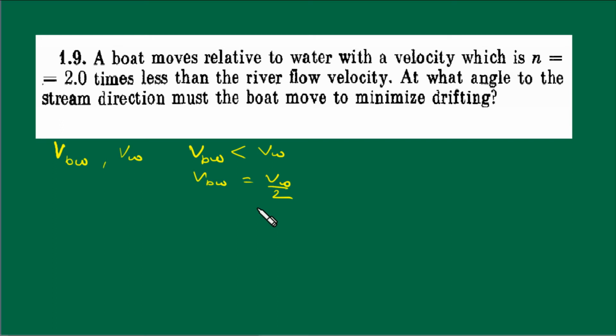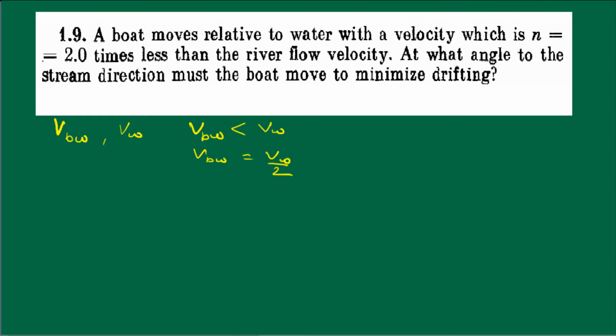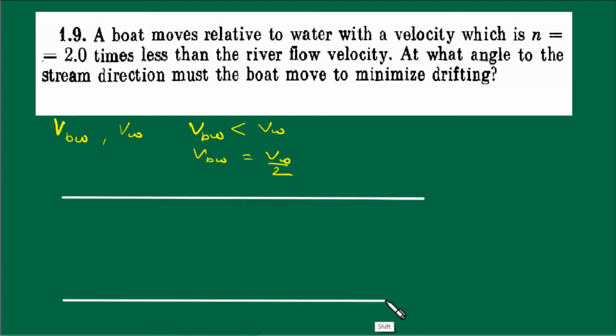So let's draw a diagram. Suppose this is a river, this is one bank, and this is another bank of the river. I will make it short, we don't need this much length. Okay, fine.